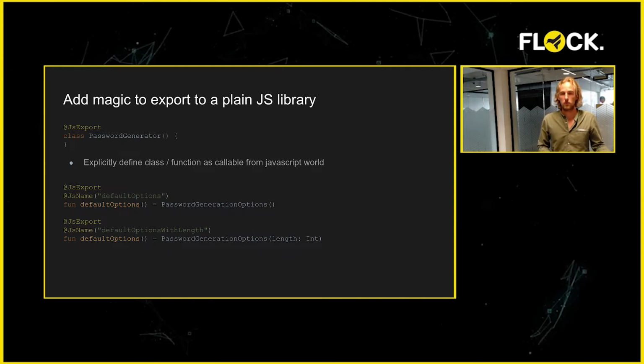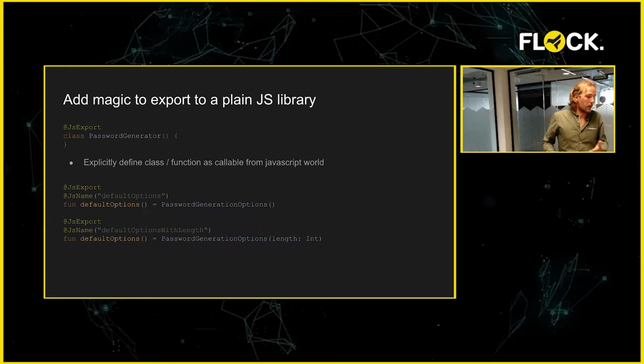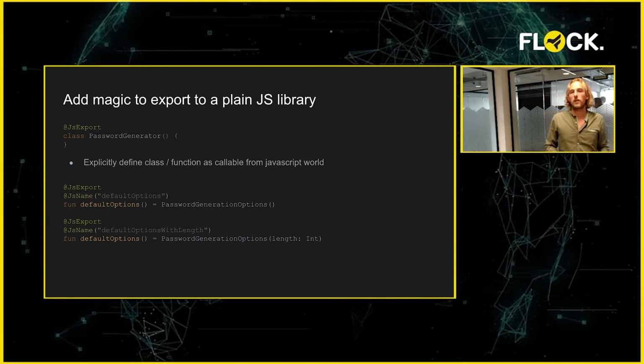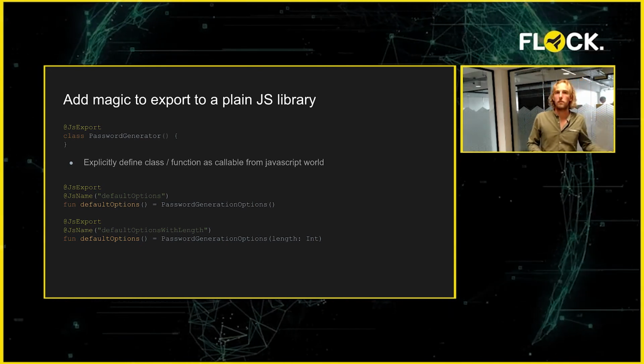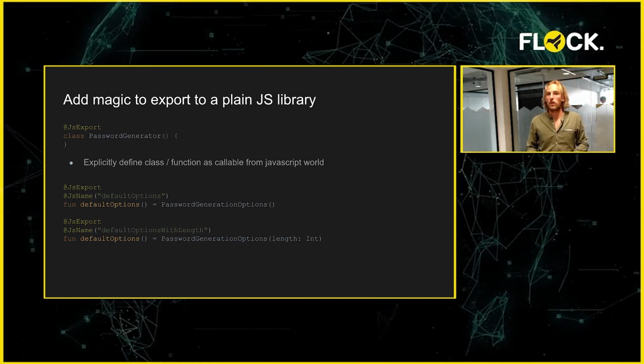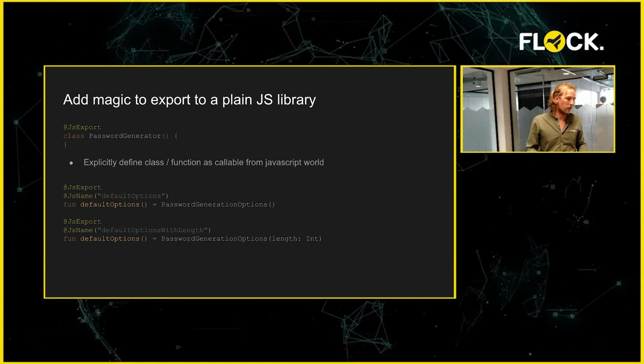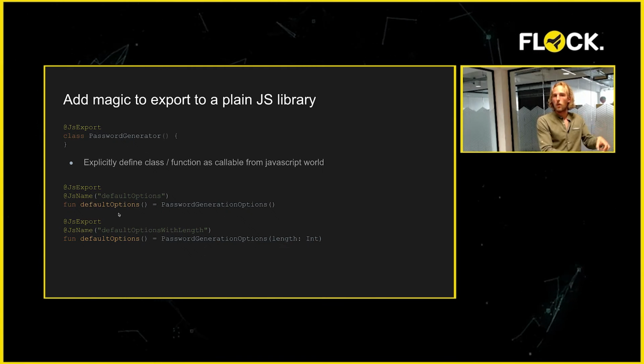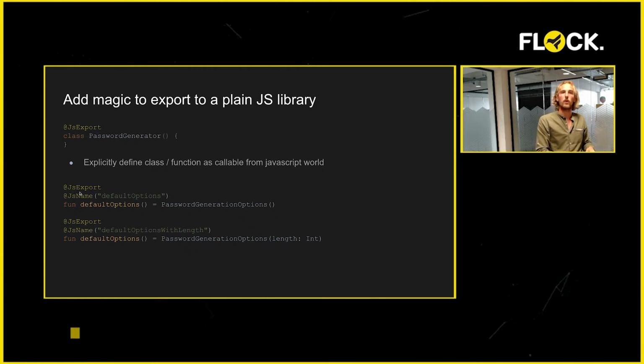You can either do that by actually giving them unique names, or by using this annotation saying I want to use a different name in the JS world than I would in the Kotlin world, which in some cases makes sense if you want to use this internally in your Kotlin JS part as well. Then maybe at some point you want to call it with just one argument, at some point with two arguments.